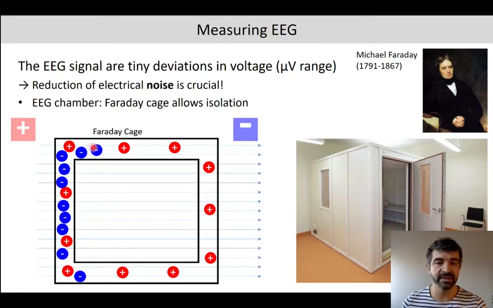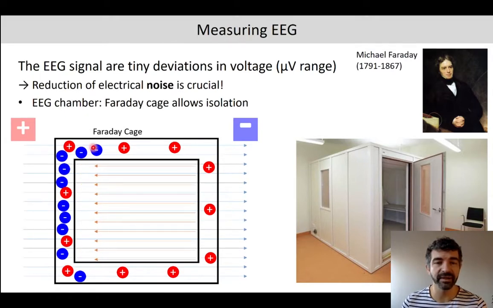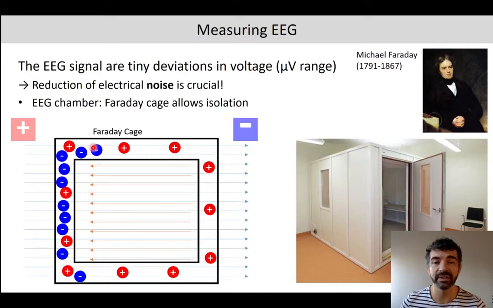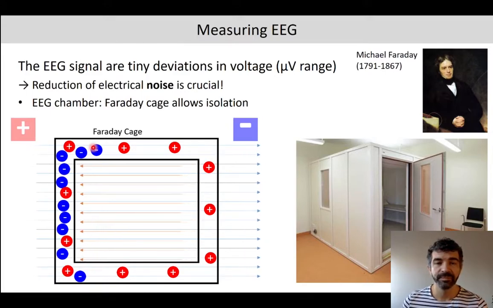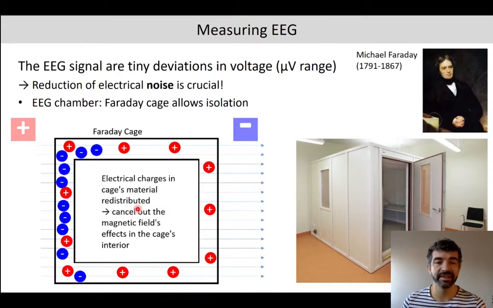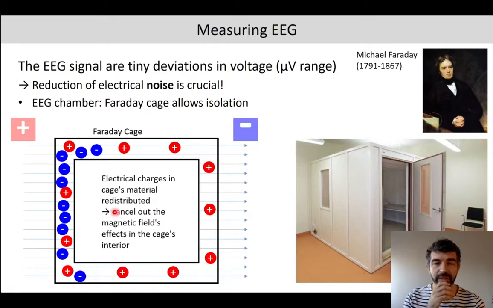And what this means is that there's an opposing magnetic field inside the cabin, which is exactly the opposite direction of the outside magnetic field. In sum, this means the outside and inside magnetic fields will cancel each other out, so there's no effect of the outside magnetic field in the interior of the Faraday cage. And this means this is electromagnetically neutral, perfect for measuring EEG.